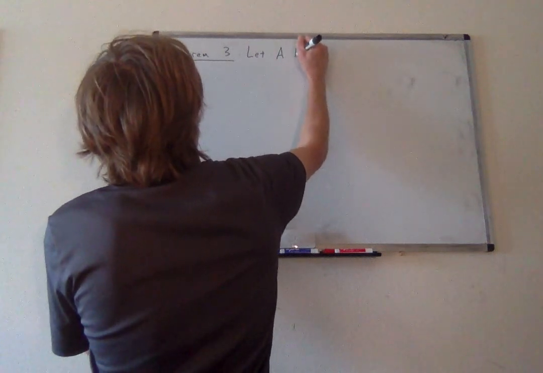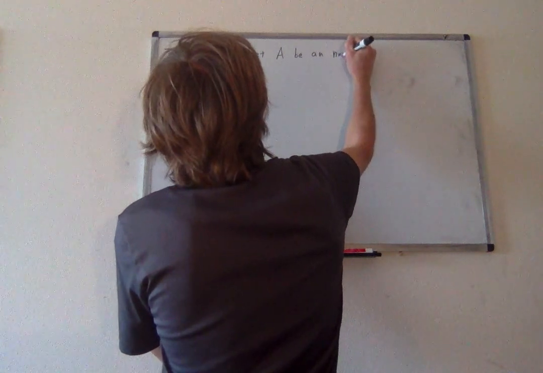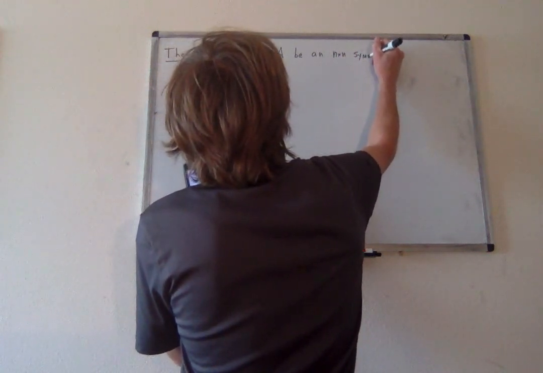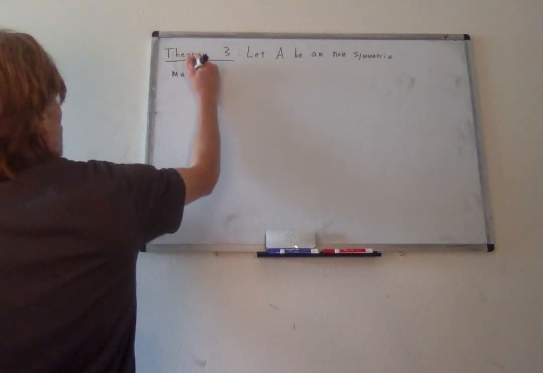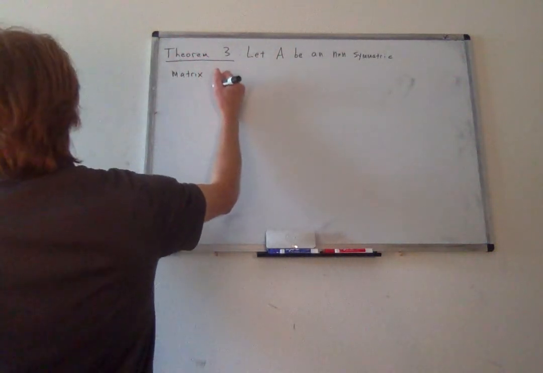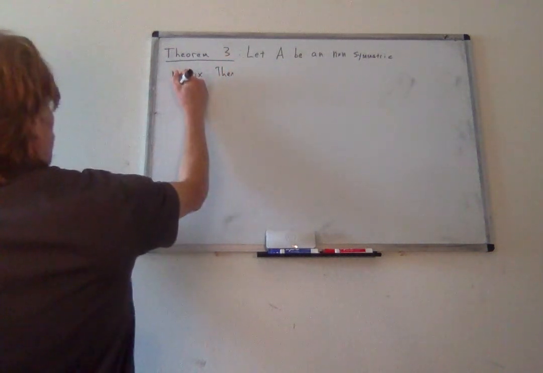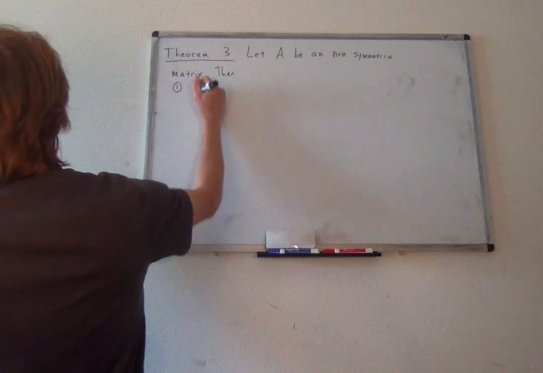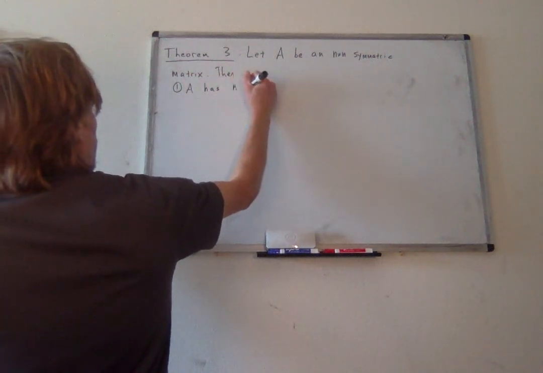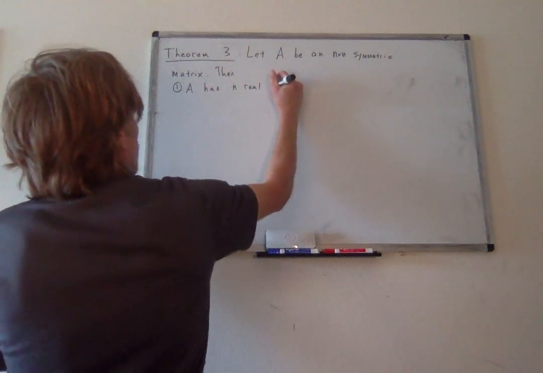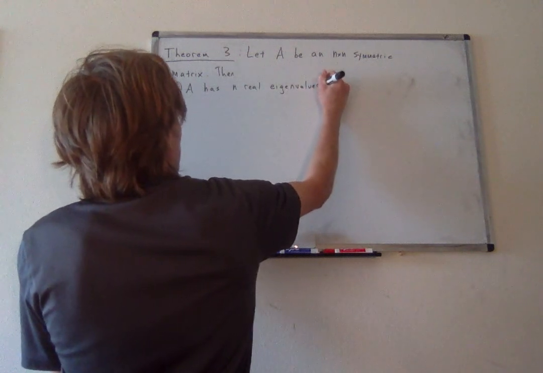So let A be an n by n symmetric matrix. Then A has the following 4 properties. 1, A has n real eigenvalues counting multiplicities. And so what this sentence means, it's a little misleading.